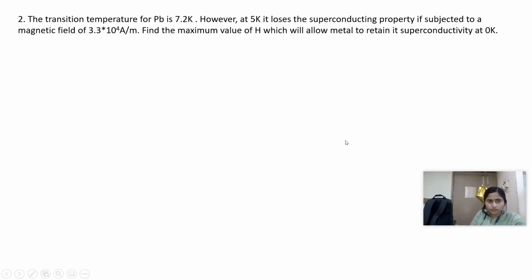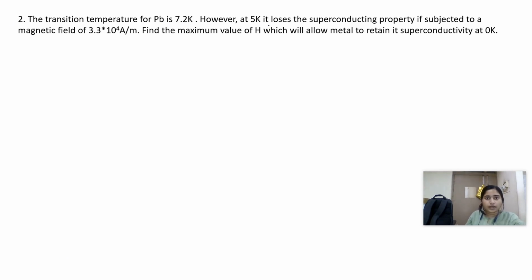So the second question is: the transition temperature of lead is 7.2 Kelvin.